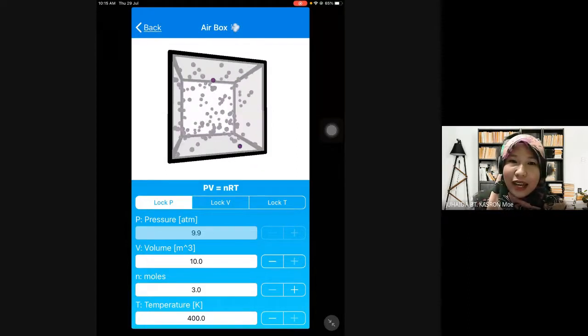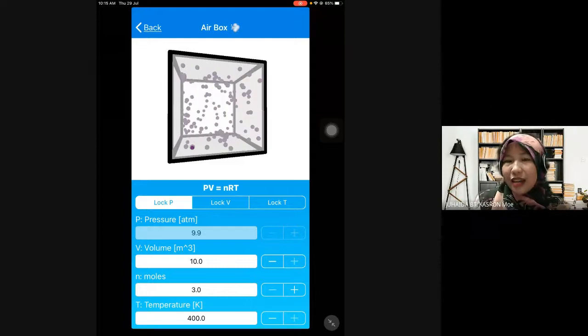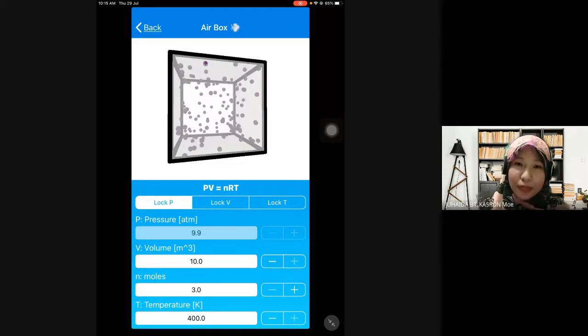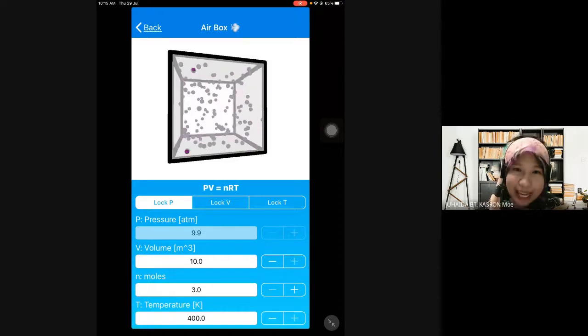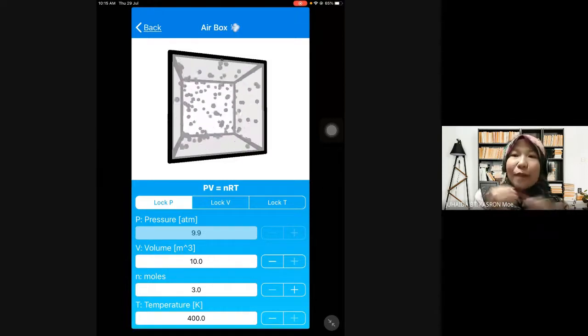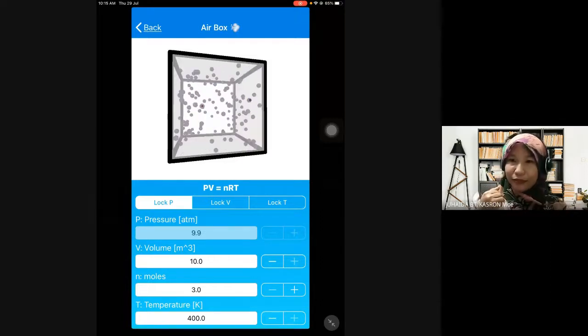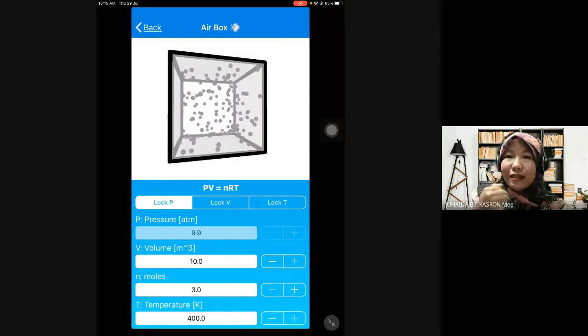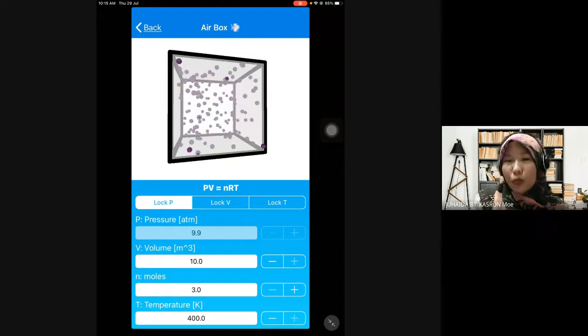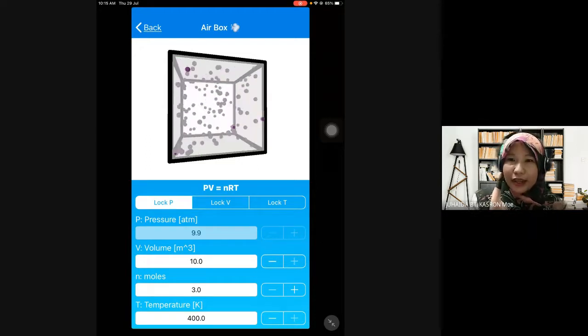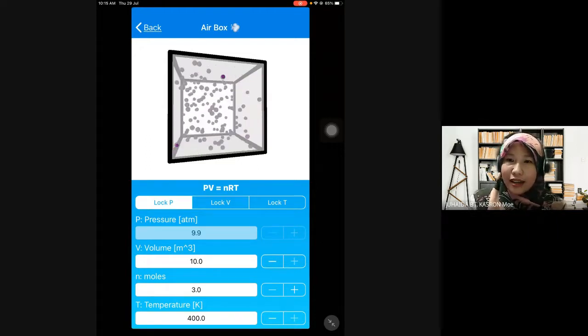Okay, Alia? Yes. So we can say that the volume of the gas actually is the distance between the particles. So the further the particles are from each other, the larger the volume of the gas. Okay? Inshira, do you get it?